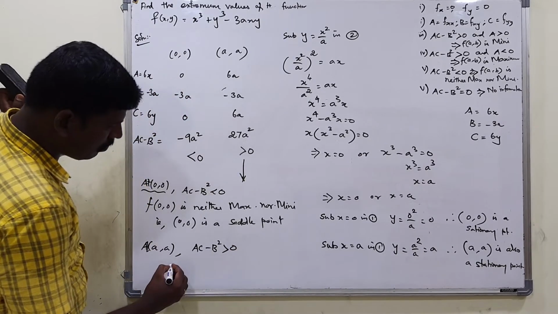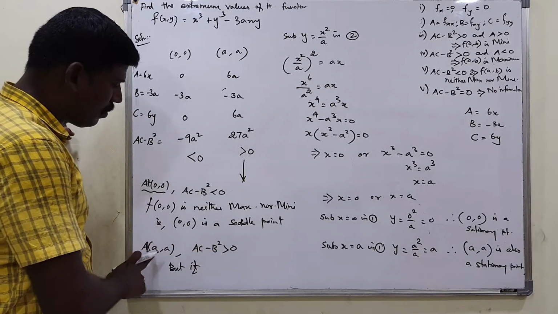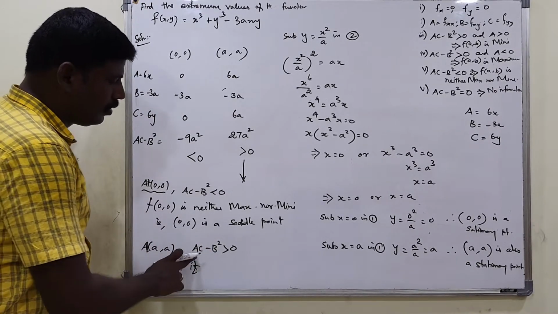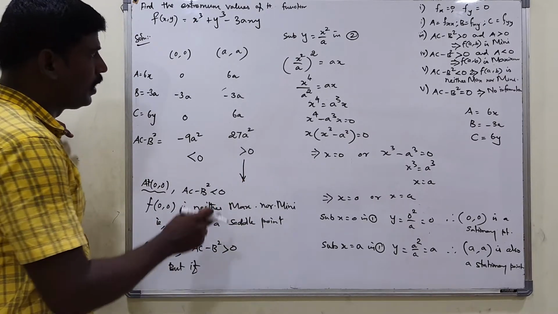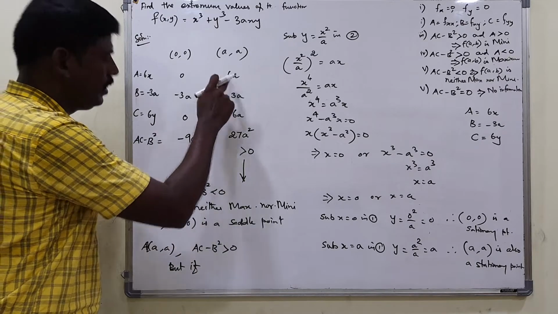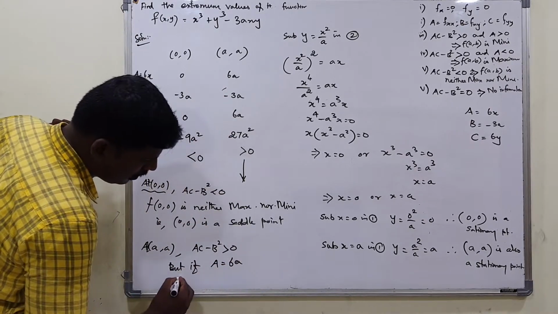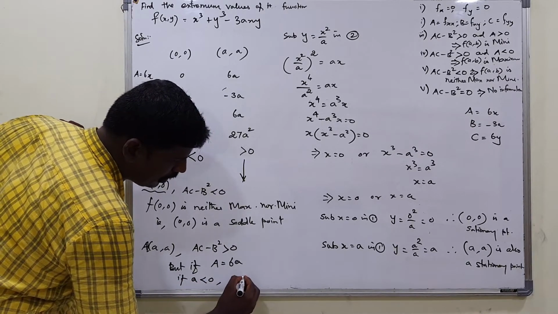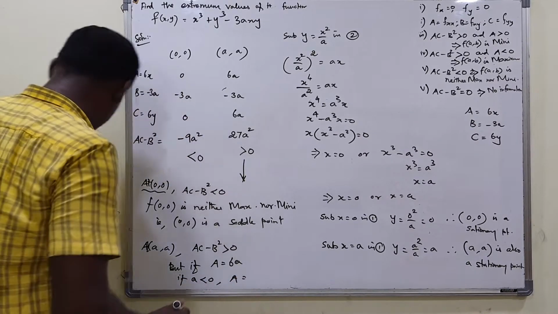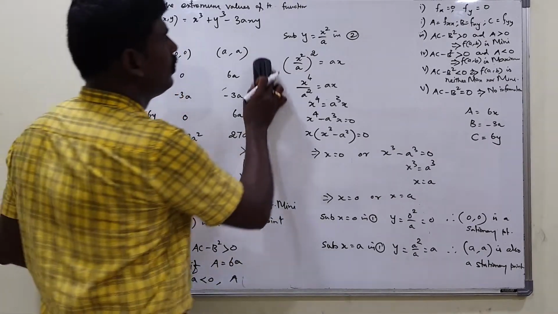But what about capital A? Capital A is 6a. If small a is less than 0, then capital A becomes less than 0, isn't it?